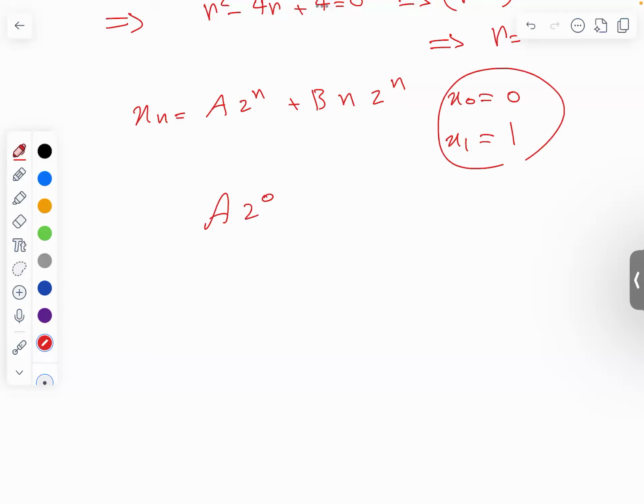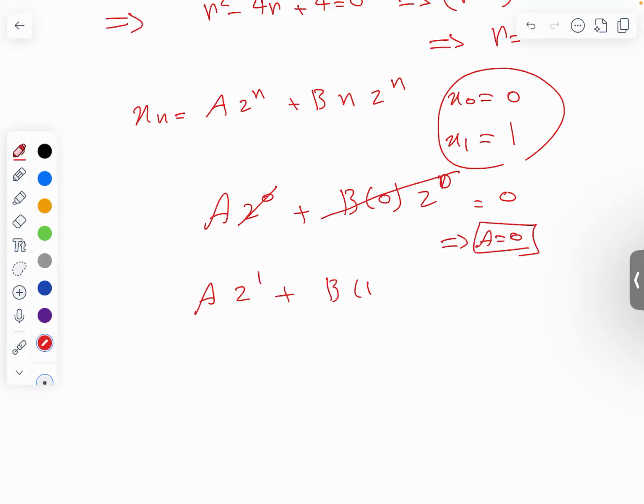A times 2 power 0 plus B times 0, luckily we get 0, equals 0. So this will be 0 because B times 0 is 0. So this is 1. So A is 0. The other one: A times 2 power 1 plus B times 1 times 2 power 1, 2A plus 2B equals 1.